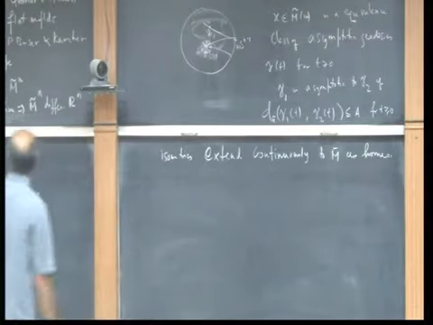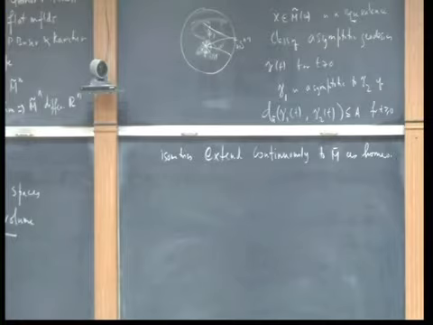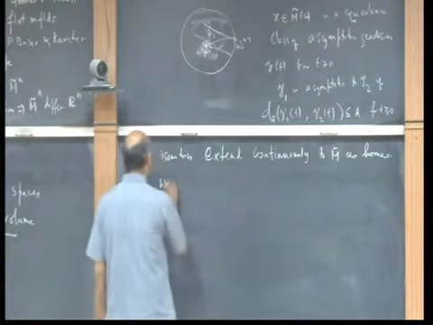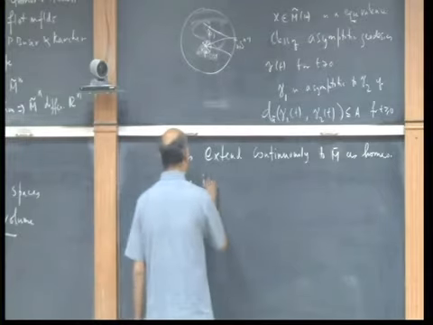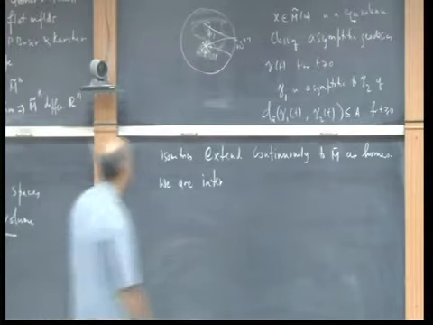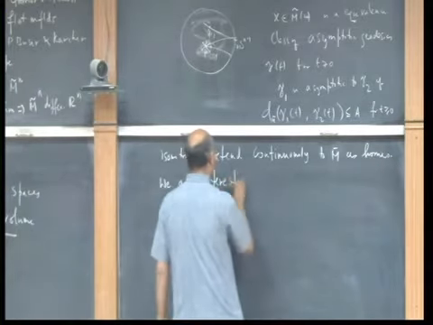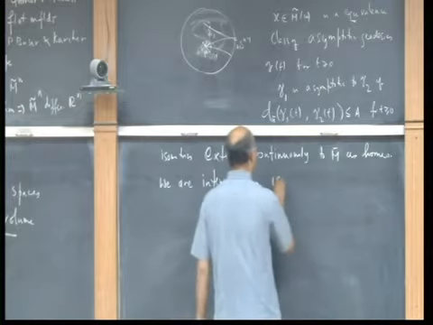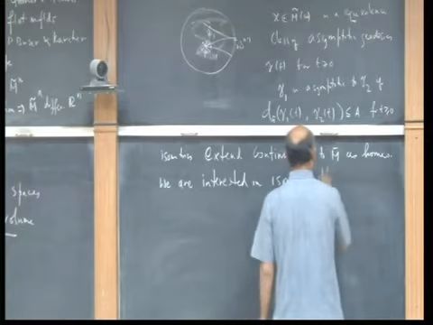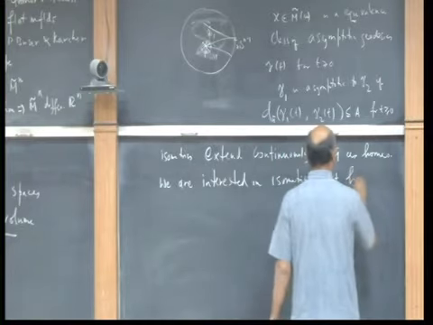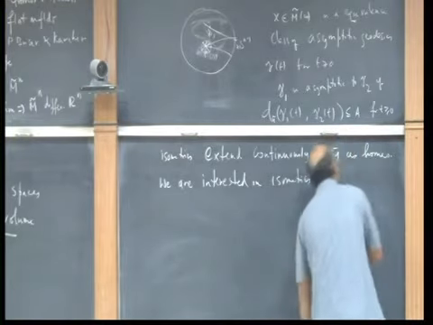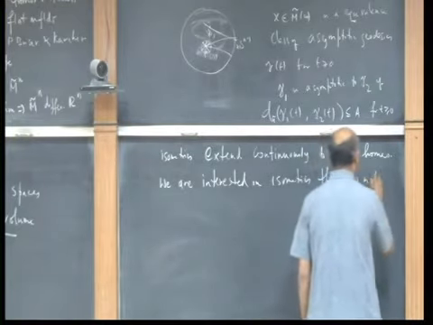And isometries which have fixed points inside are called elliptic isometries. Because we are interested in looking at these quotients, we are interested in isometries that do not have fixed points inside.